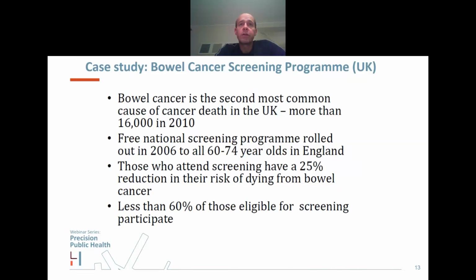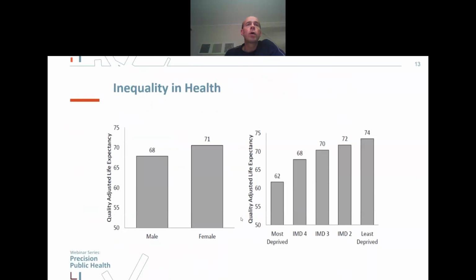There's a free national screening program that was rolled out in 2006 to all 60 to 70-year-olds in England. And it has been shown that those who attend screening have a 25% reduction in their risk of dying from bowel cancer. The problem being, though, that less than 60% of those that are eligible for screening participate in the screening.